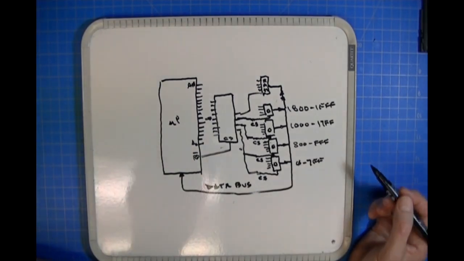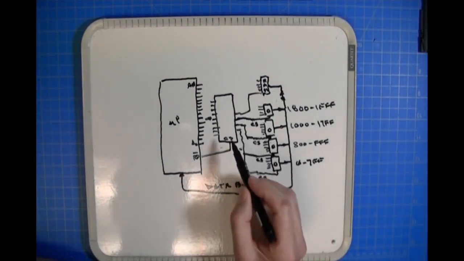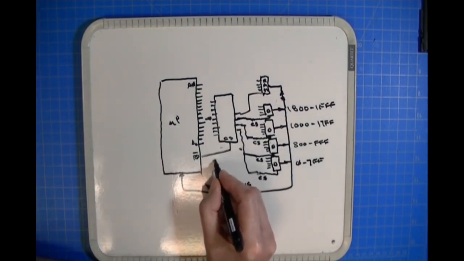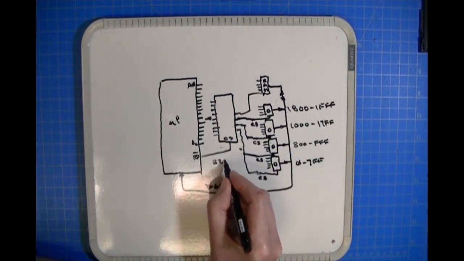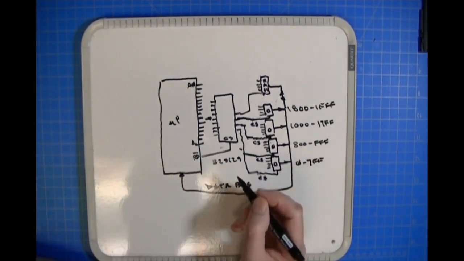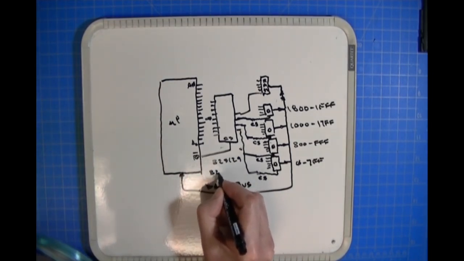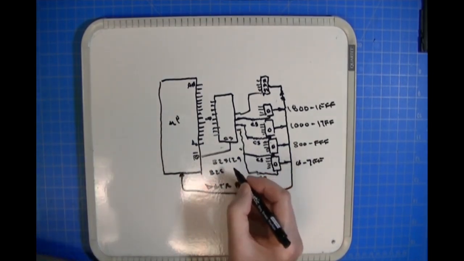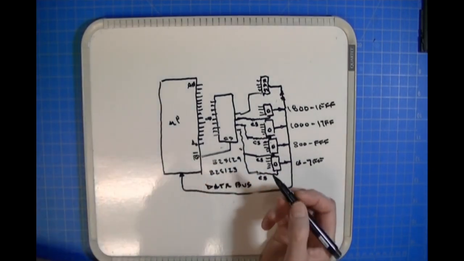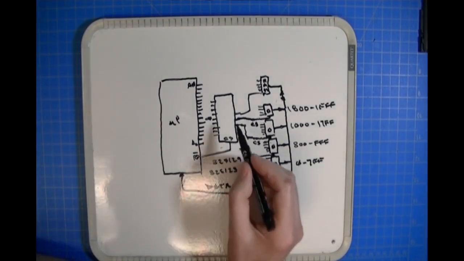Before I go there, I'll also say that, as I pointed out in this illustration, this is an 82S129, which is a 256 by 4. Another common one was an 82S123. Okay, the 123 is an 8-bit.